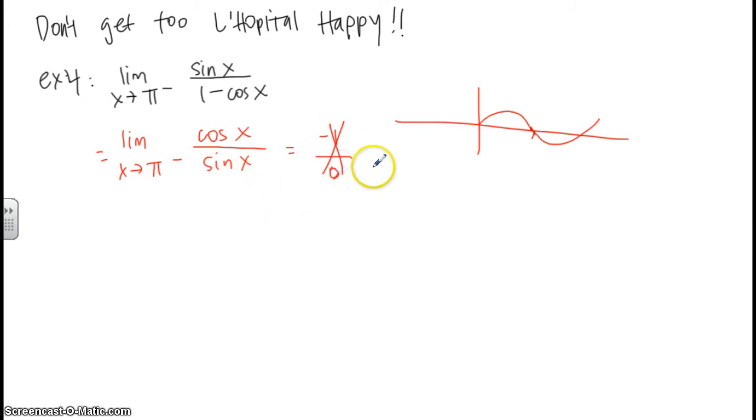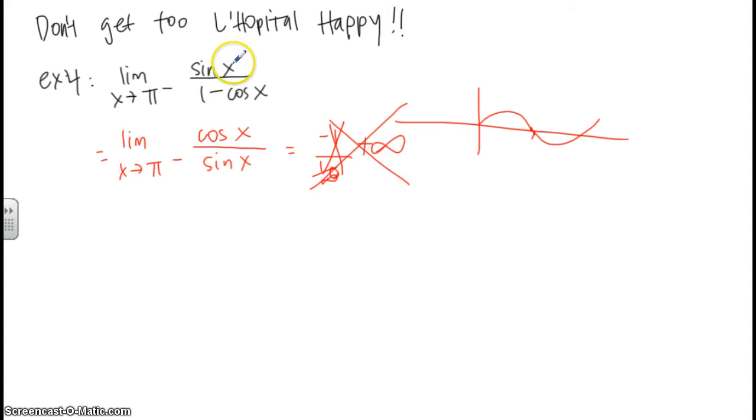So this one will approach positive infinity, because the number on the bottom is a really tiny fraction, so we take the reciprocal and it approaches positive infinity. Okay? This in actuality is wrong.